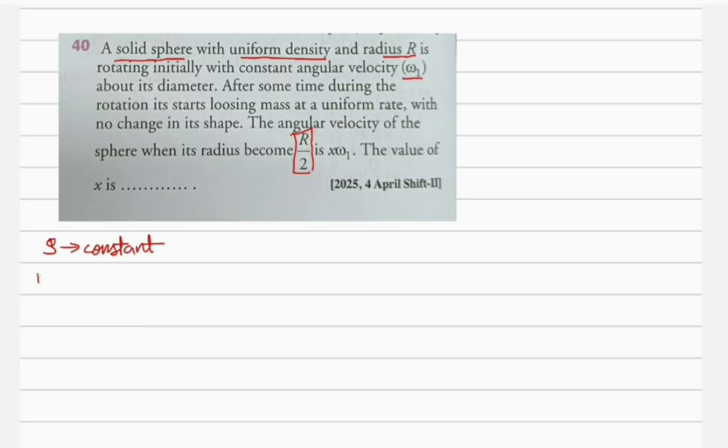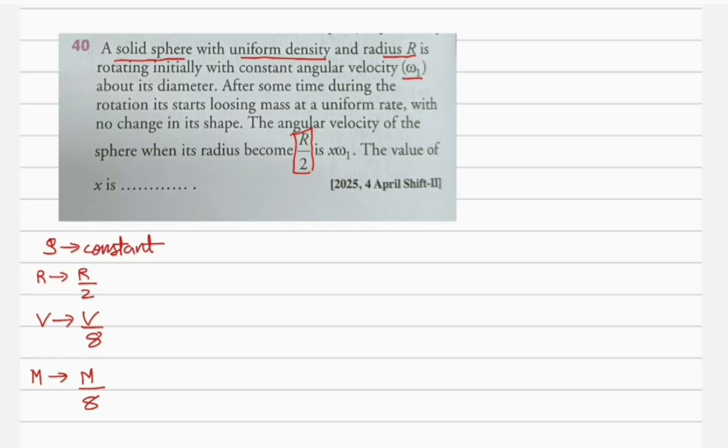The radius is becoming r by 2, so the volume of the sphere, 4/3 pi r cube, when the radius becomes half, volume becomes v by 8, and because of that mass will become m by 8 times. Because density should remain constant, mass per unit volume should remain constant. If volume is 1/8 times, then mass will also be 1/8 times.